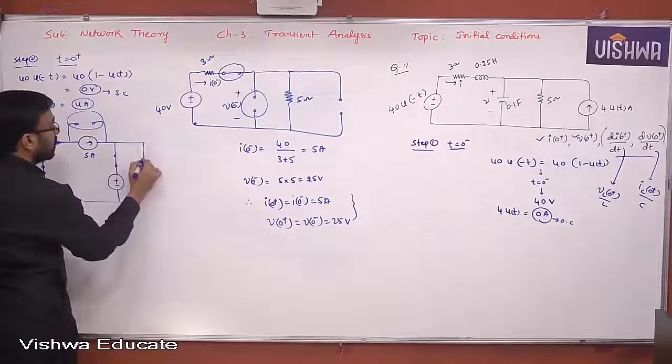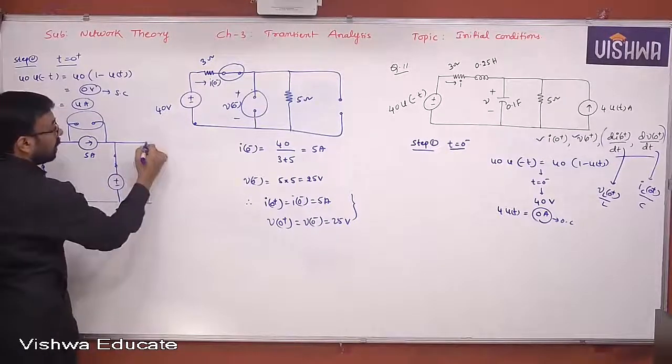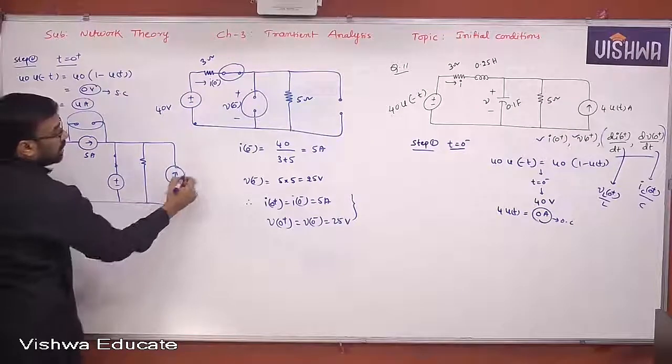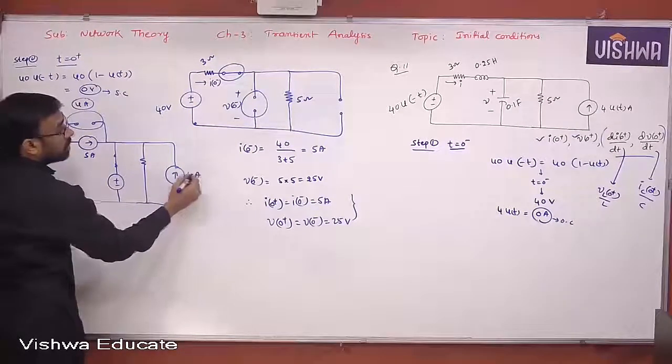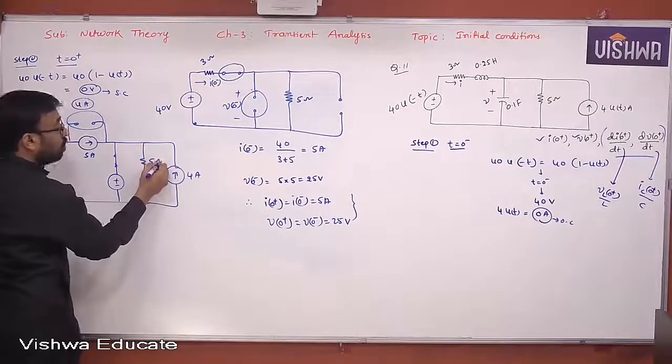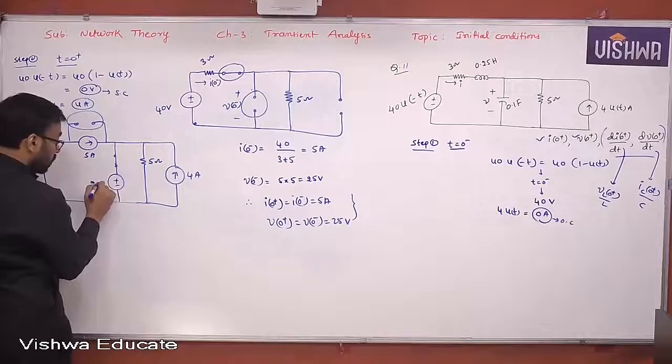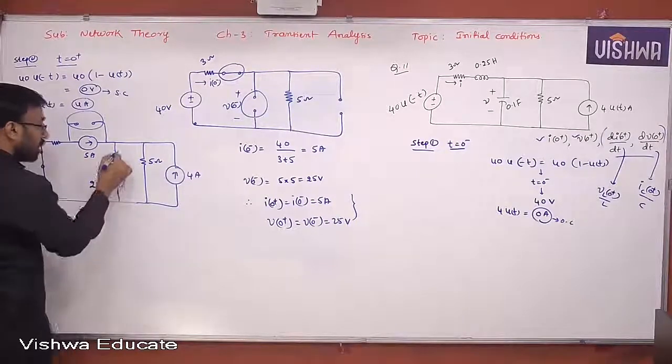What do you get here? Resistor, and then you have a current source. What is this? 4 amperes, 5 ohm, and this is 25 volts. Right. Now this is the capacitor.